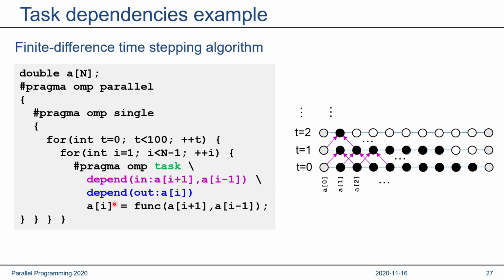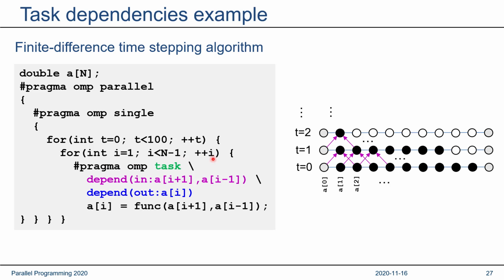Now, the actual update is a of i equals the result of the function. So that's my task, pragma omp task. It has an input dependency on the left and right neighbor of the currently updated array value. So my in dependency is a of i plus 1 and a of i minus 1. As a result of the task, a of i is produced. So that's my out dependency. Okay, so when this inner loop is traversed, I'm producing a bag of tasks.